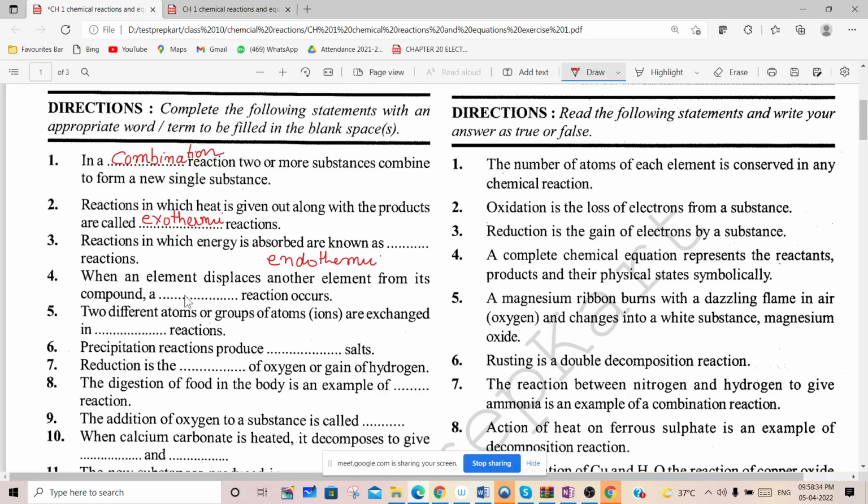Next, displacement reaction. A displacement reaction occurs. Displacement reaction. Next, double displacement reaction. Very good. It's a double displacement reaction.